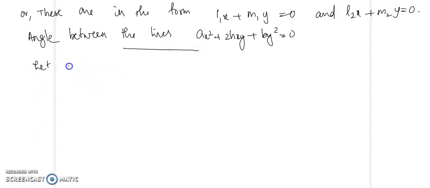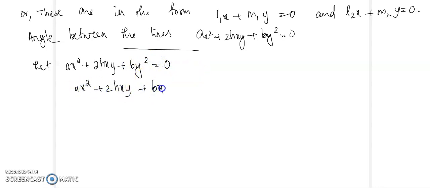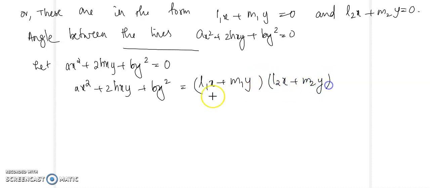So let the lines be ax square plus 2hxy plus by square equal to 0, and let us take ax square plus 2hxy plus by square equal to L1x plus M1y into L2x plus M2y.